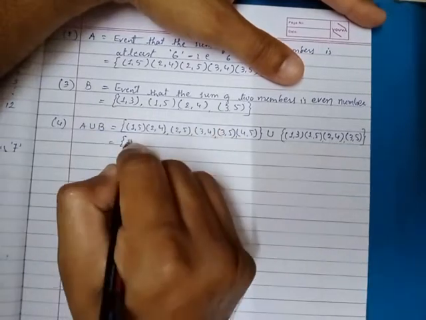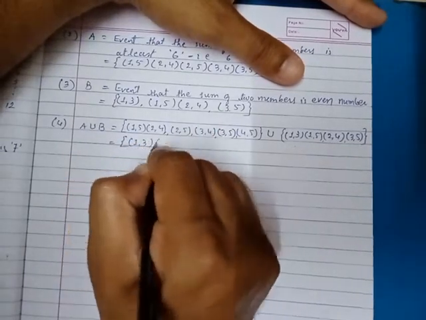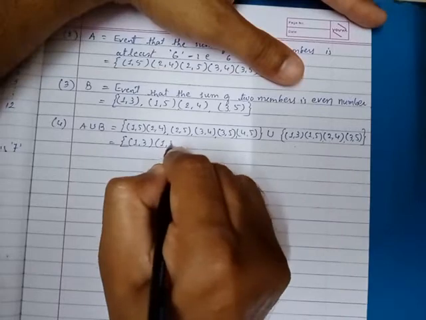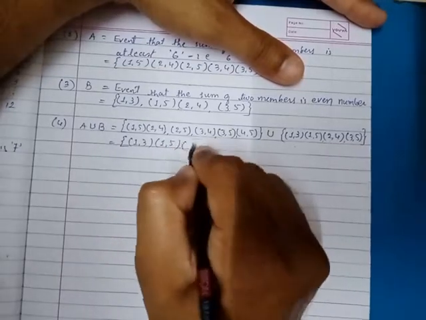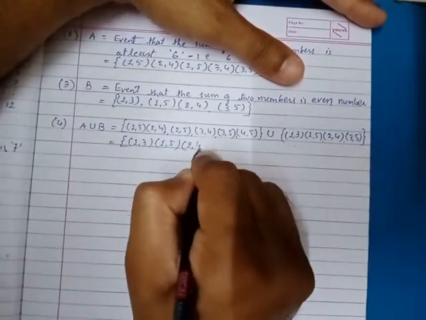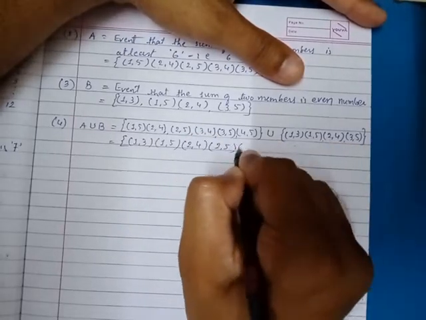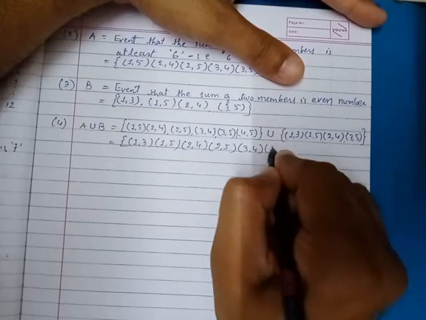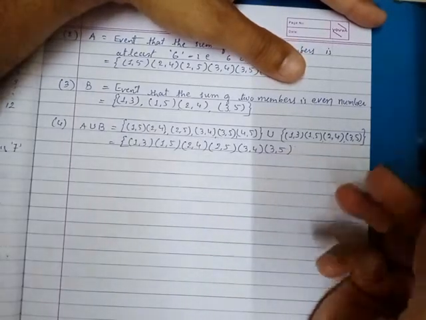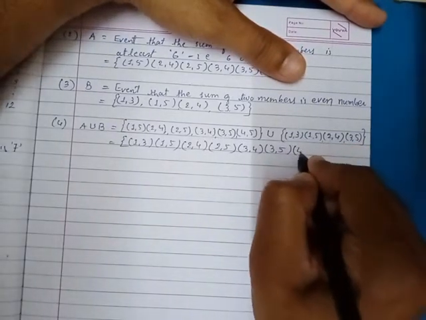The 1 3 first we'll write, which is the first we have. Then 1 5 in both events available, I will write only one time. Then 2 4 is also in both events, one time. Then 2 5, then 3 4, 3 5 in both events available, only one time, and 4 5.